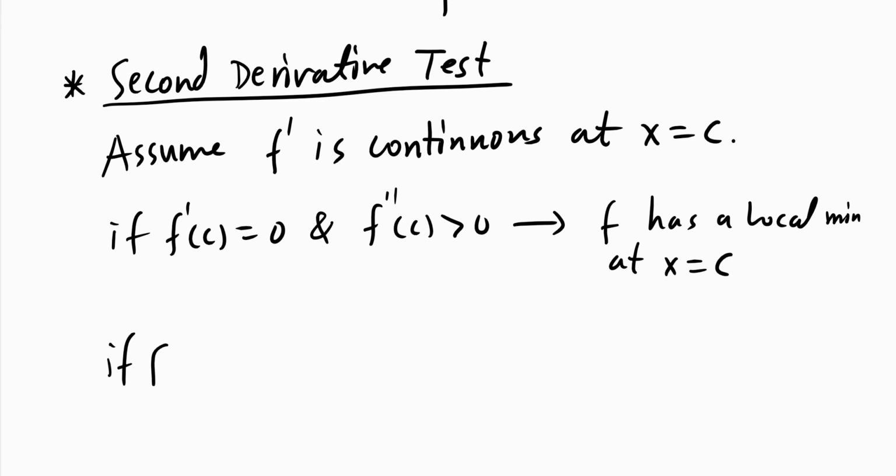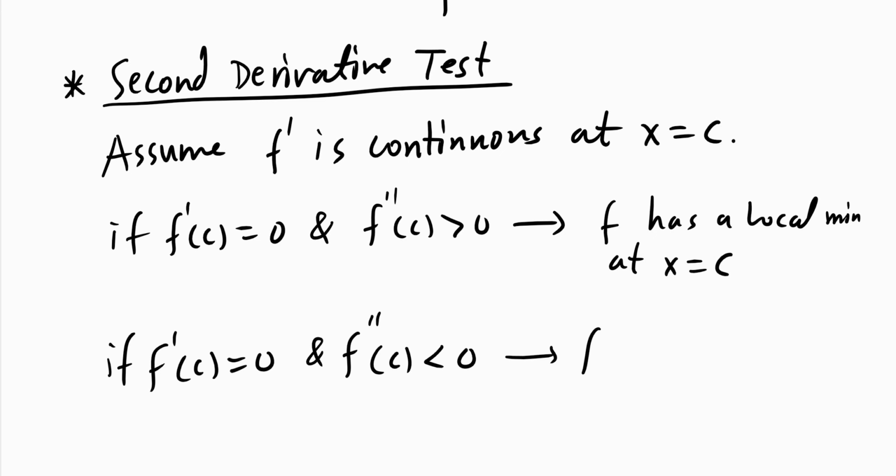Same thing, if the first derivative at c equals 0 and the second derivative at c is less than 0, then f has a local max at x equals c. That's what the second derivative test said.